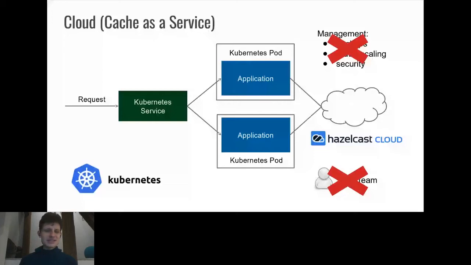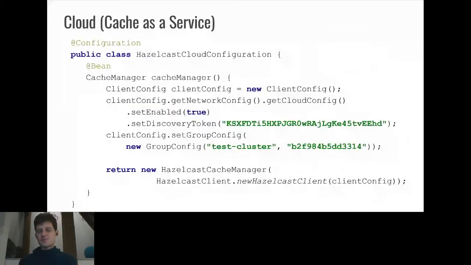And by the way, this discovery token idea is not only about Hazelcast. Most tools, I think Mongo, do the same. You create your server part using the web console, get the token, put it in your client application, that's it.